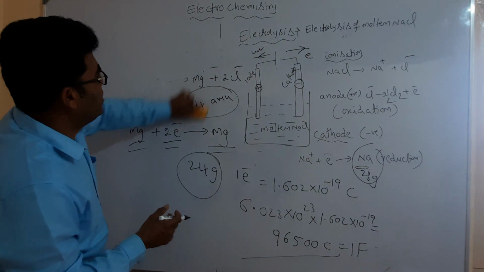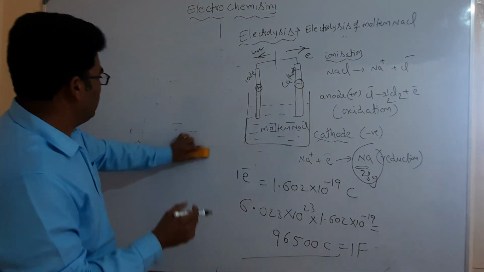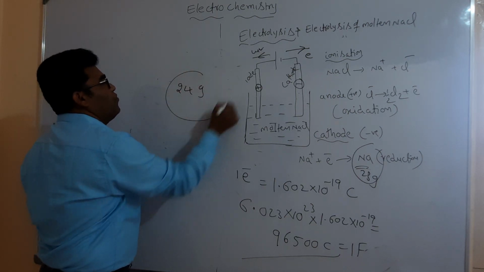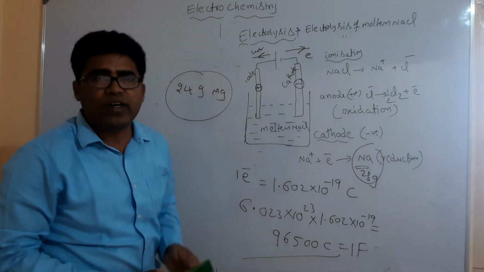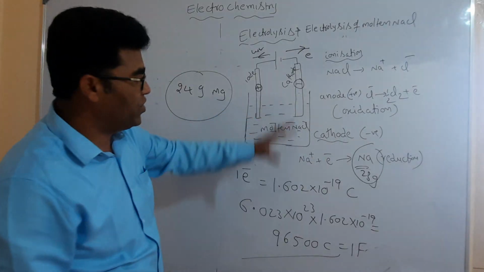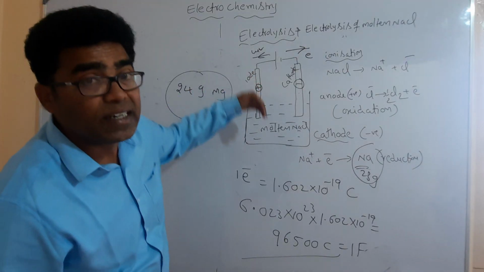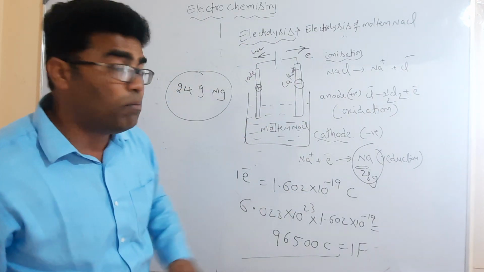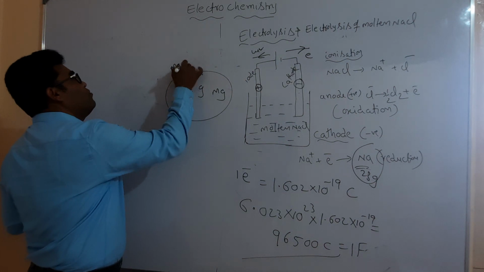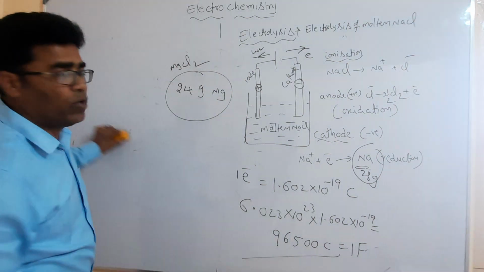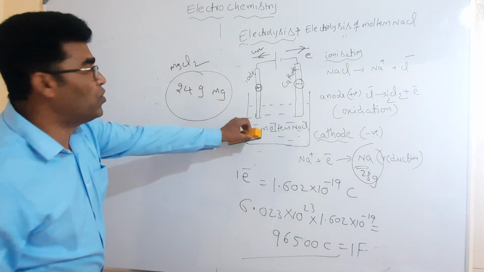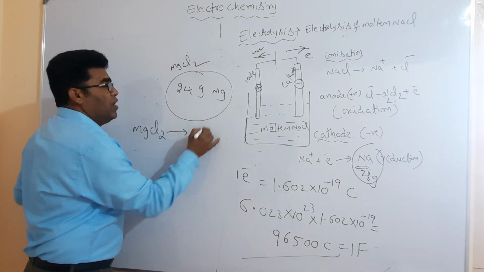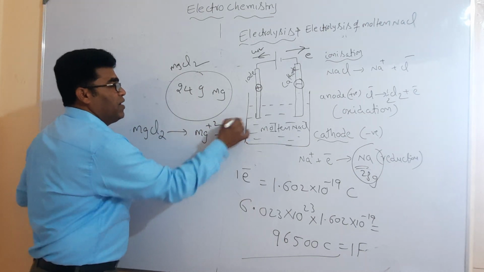Now the question is, for the deposition of 24 gram of magnesium, how much electricity has to be passed through molten magnesium chloride? MgCl2 gives rise to Mg plus 2 plus 2Cl minus.